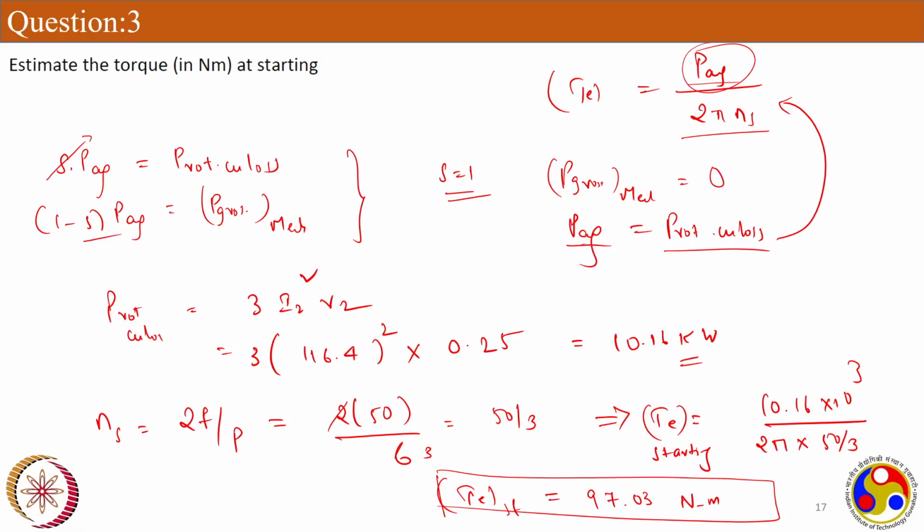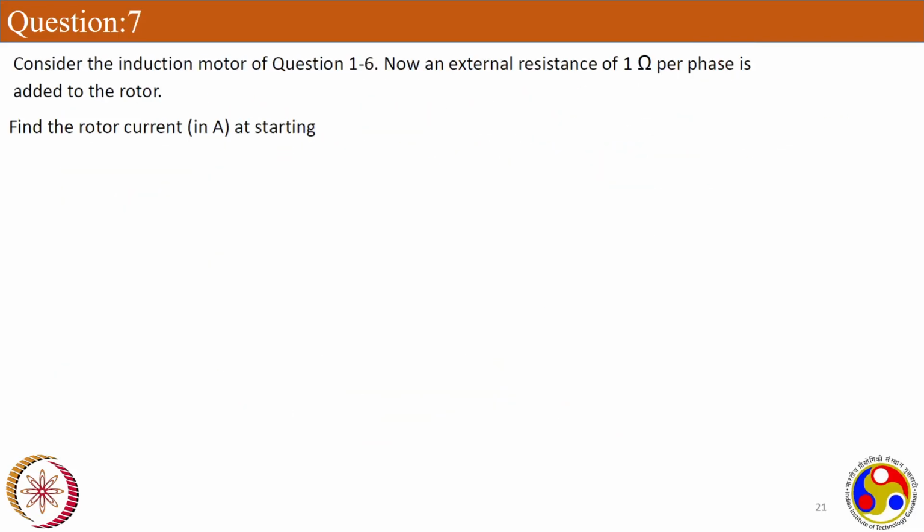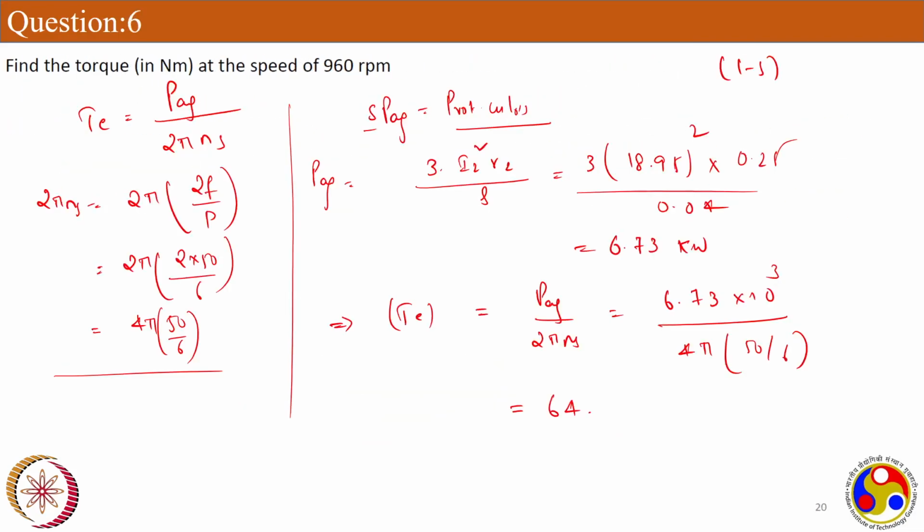And friction and windage is not given, otherwise we can calculate the shaft torque. But torque means P mechanical divided by 2 pi NR, because that's a mechanical power.